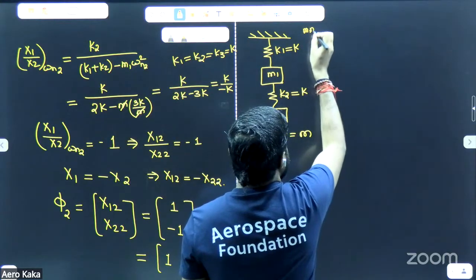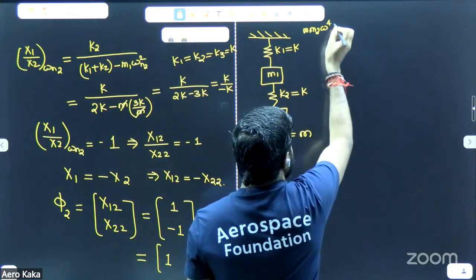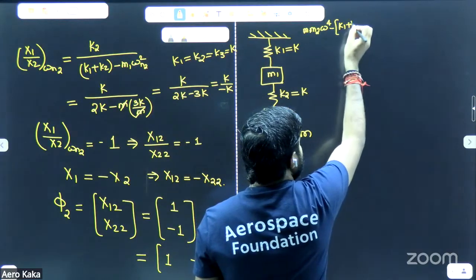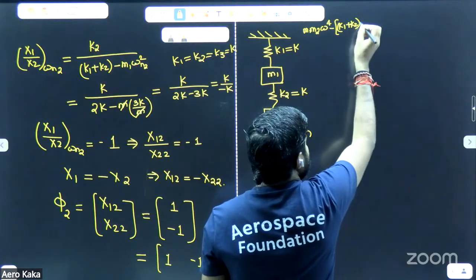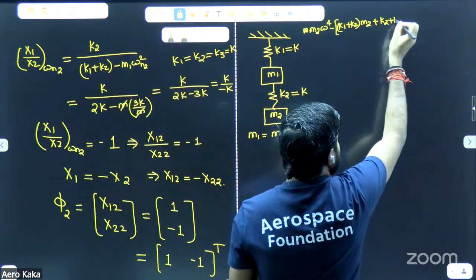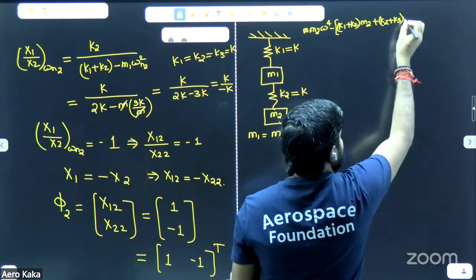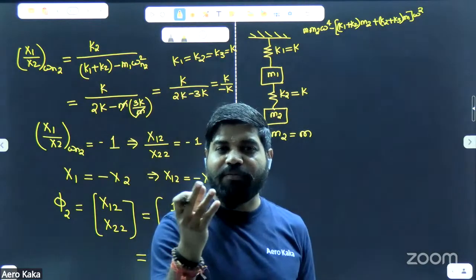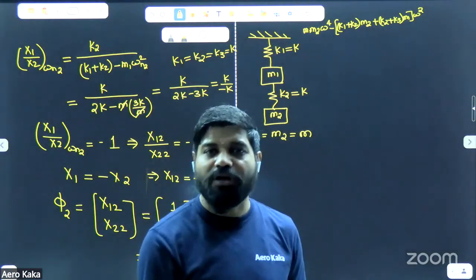M1 M2 omega raised to power 4 minus how much? K1 plus K2, M2 plus how much? K2 plus K3, M1 omega square. Who has to write the exam, me or you? Hello? You should tell me.